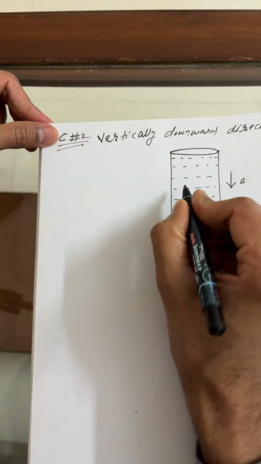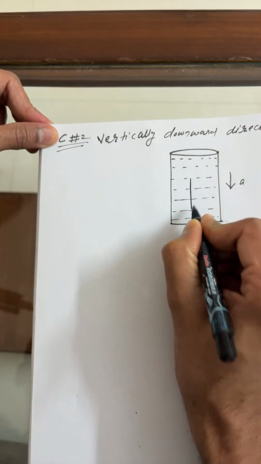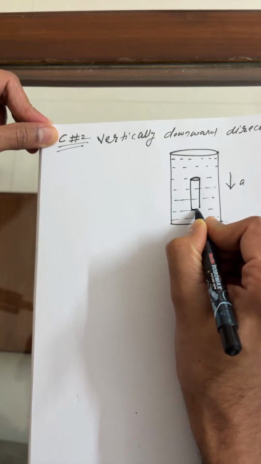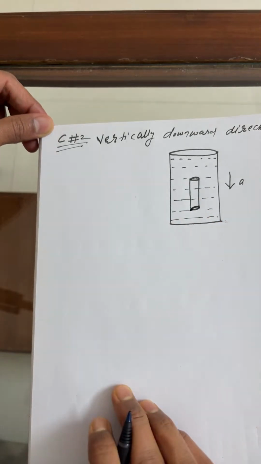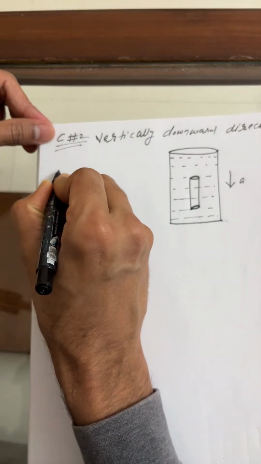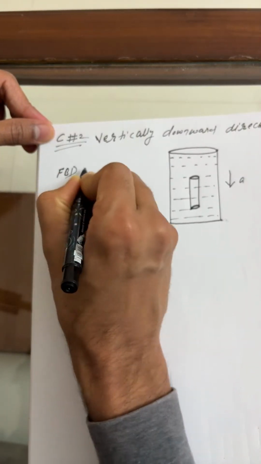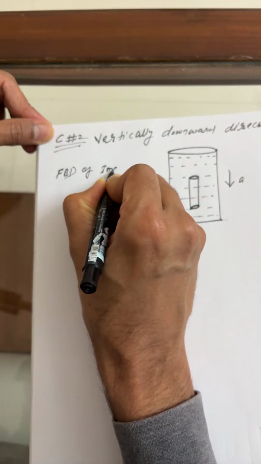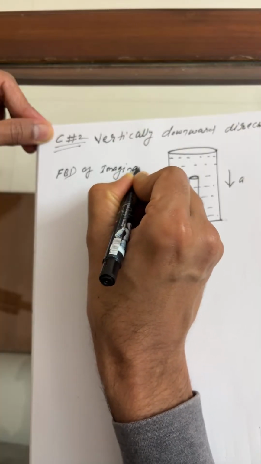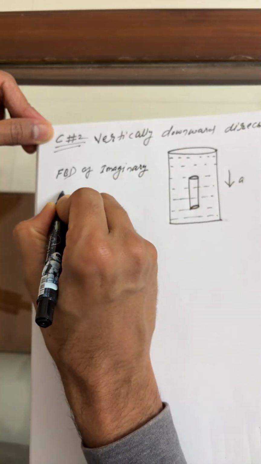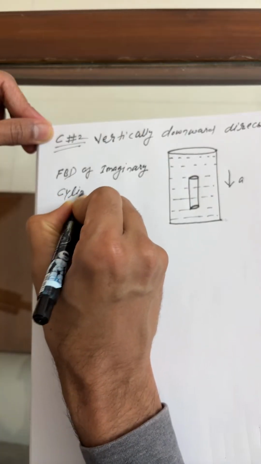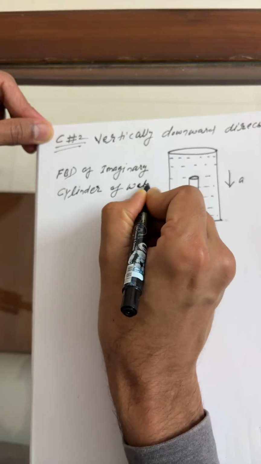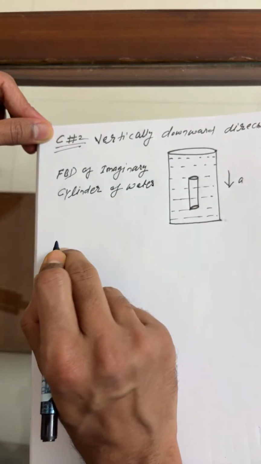Again I'm considering an imaginary cylinder of water, so here I'll make the FBD of the imaginary cylinder of water.